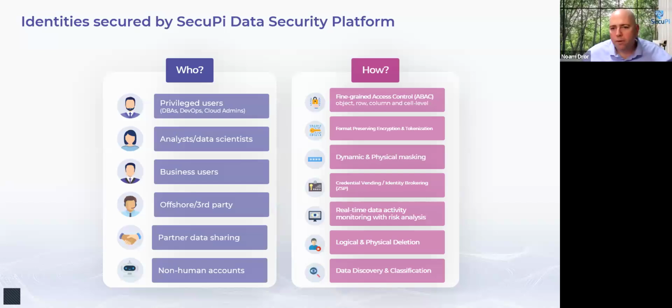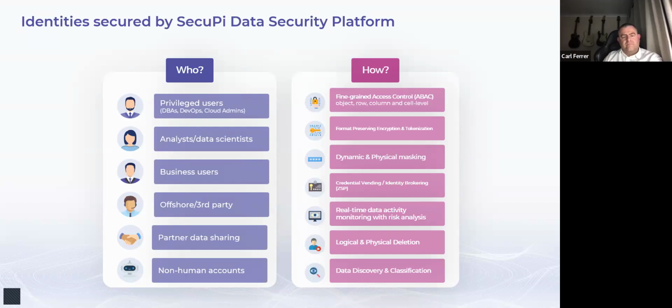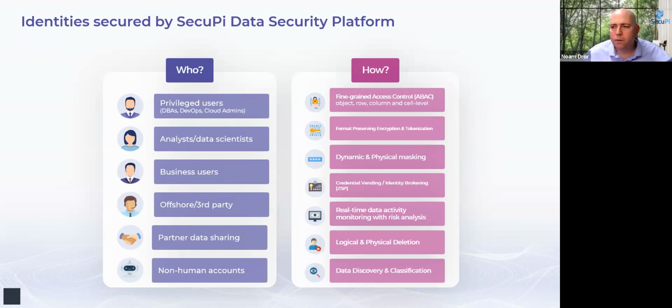So we do have the ability to protect privileged users. If you have any kind of vulnerability and you need a mitigating control to make sure that from the application, no one is coming into your data, or from anywhere outside of the database, no one is coming into the data, we have the ability to control what DBAs, DevOps, and cloud admins can do inside that data.